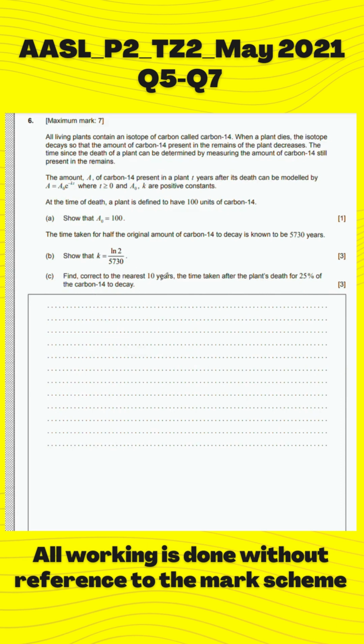Correct to the nearest 10 years, find the time taken for 25% to decay. So it's left 75%, which is 75. So we have 75 equal with 100 multiplied with e power negative ln 2. Now we can sub k with ln 2 divided by 5730 multiplied with t. Now we need to find t.